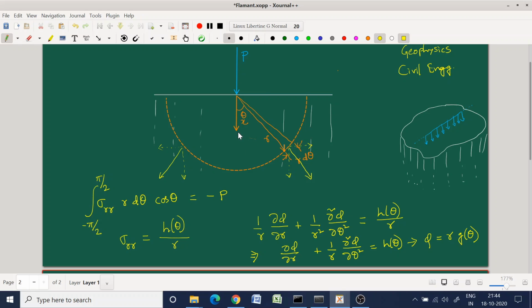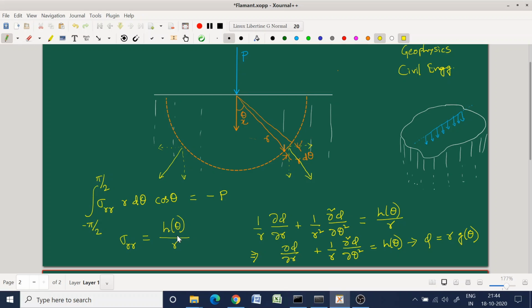It basically means that this very starting form that we had arrived at as a result of our first major achievement of our detective work, the theta dependence represented through this h theta, must be symmetric about theta equal to 0. Note that theta equal to 0 coincides with this x-axis. So h theta must be symmetric about theta equal to 0.